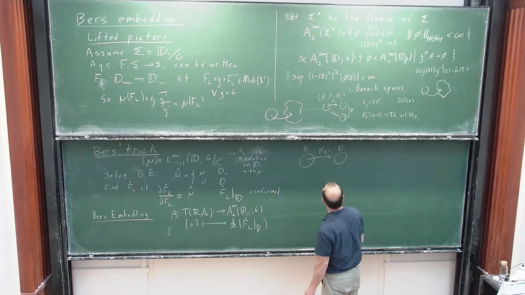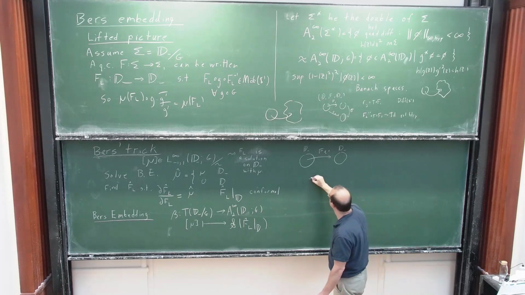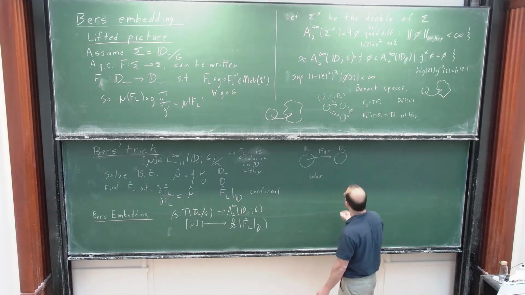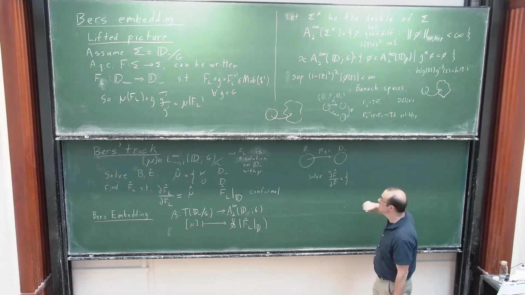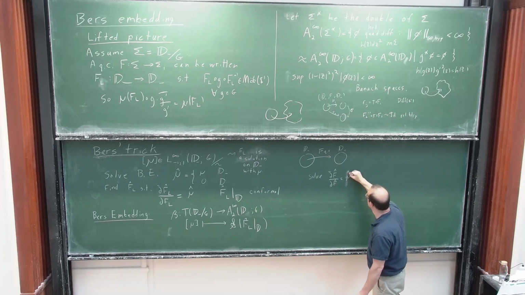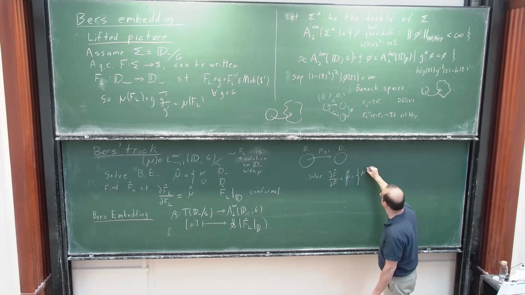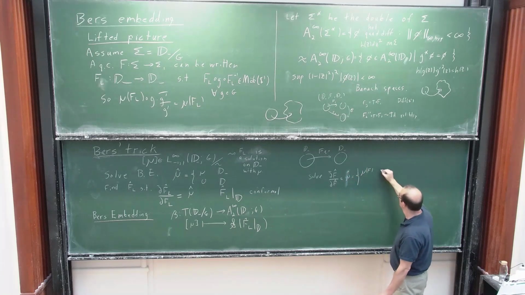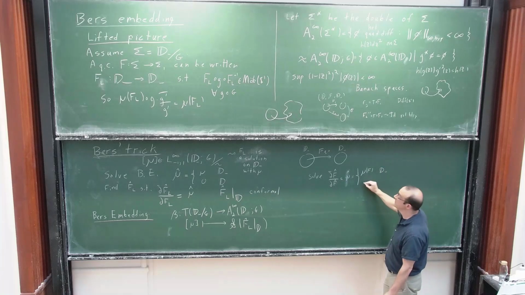And then you solve d bar f hat over d f hat is equal to this new mu hat, which is the Beltrami differential of f on D minus and 0 on D.